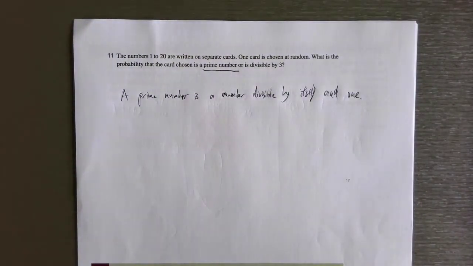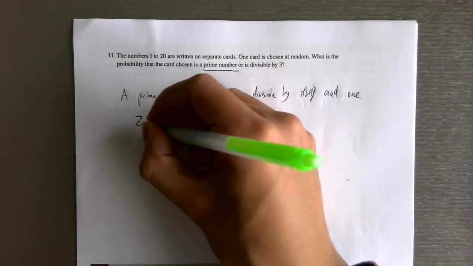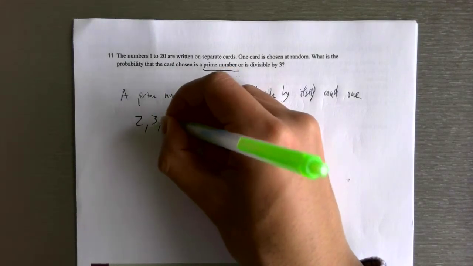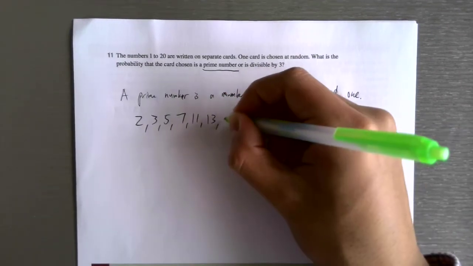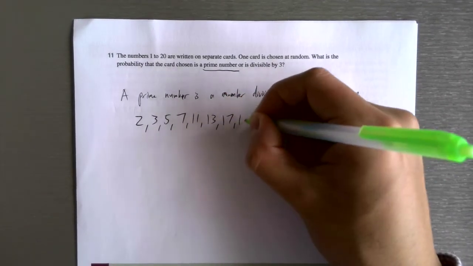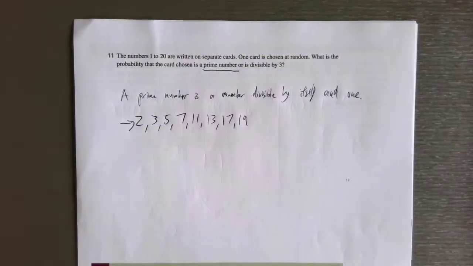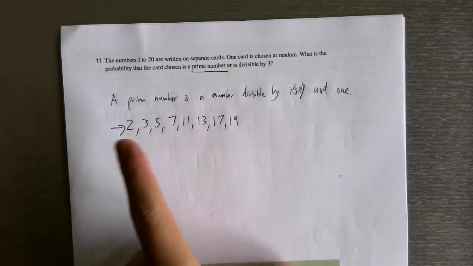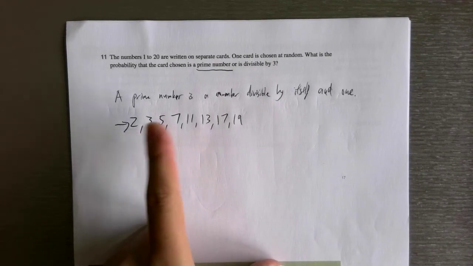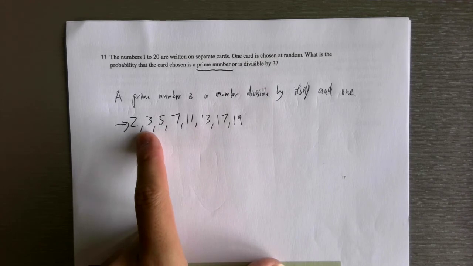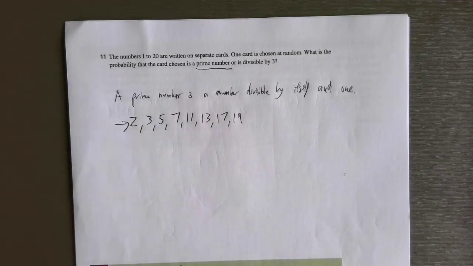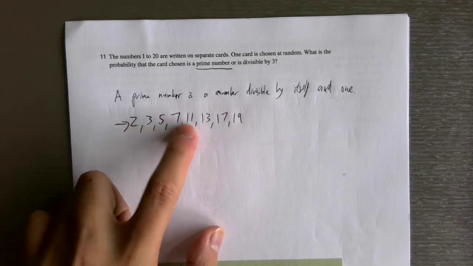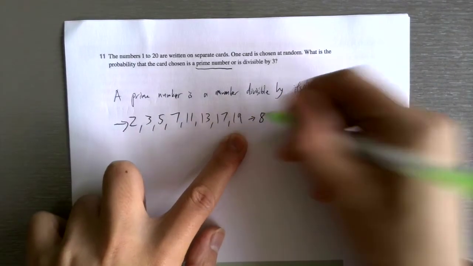Some prime numbers include 2, 3, 5, 7, 11, 13, 17, and 19. The reason there are no other prime numbers between 1 and 20 is that all the even numbers can be divisible by 2, and numbers like 9 can be divisible by 3, numbers like 15 can be divisible by 5, and so on and so forth. So here we've got 1, 2, 3, 4, 5, 6, 7, 8 numbers.